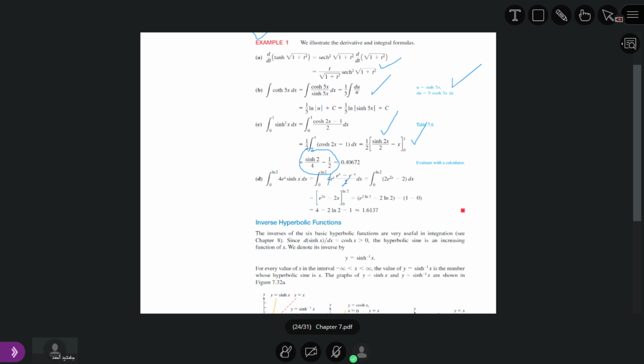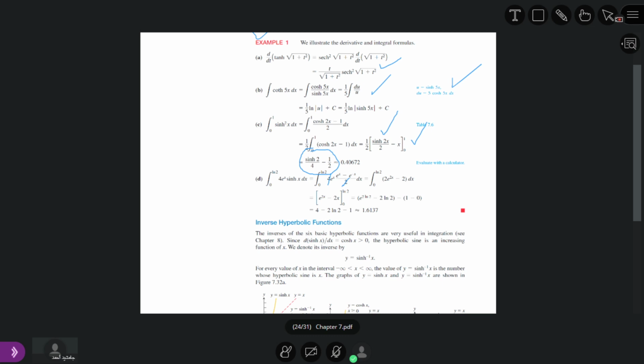So 2 ln 2 becomes e^(2 ln 2), which is equal to e^(ln 2 squared). So that is why we get here 4.